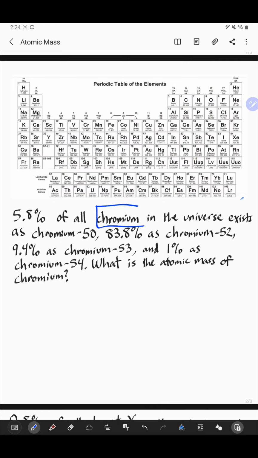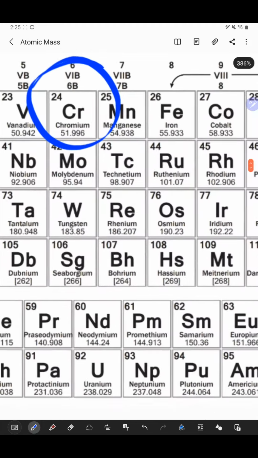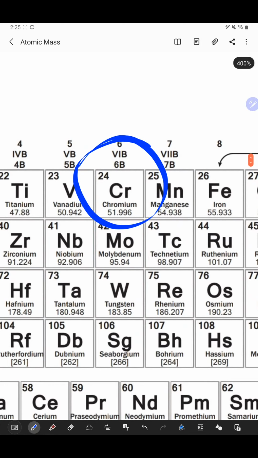So for chromium, if we go to find chromium, it is located right here. And let's zoom in. This number right here is the atomic mass.